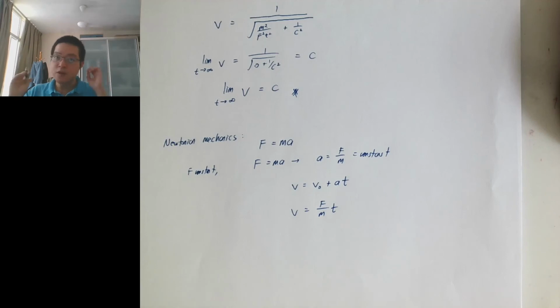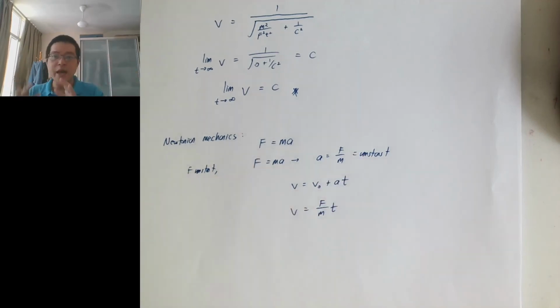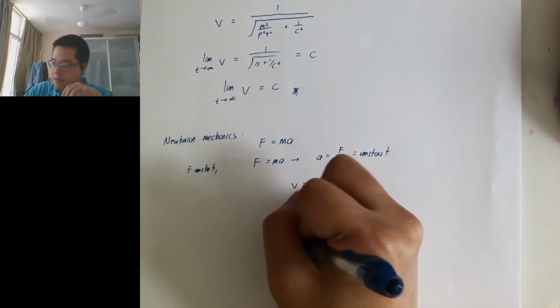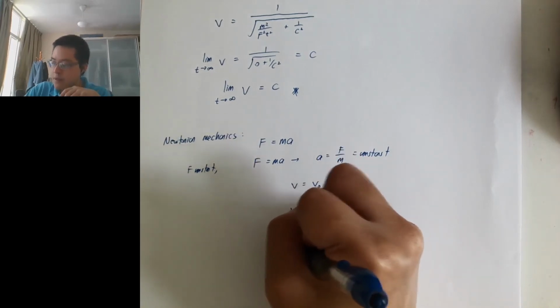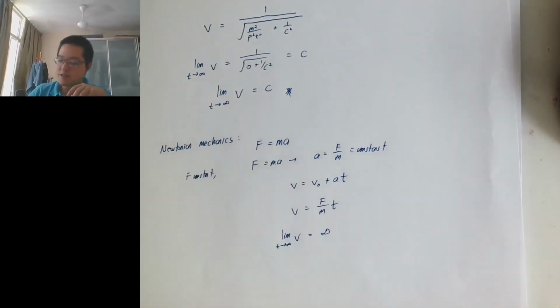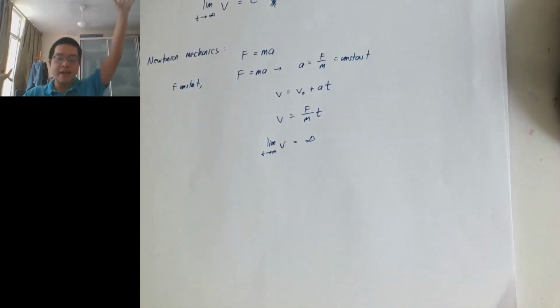But if Newtonian mechanics is true, right? If I have a constant force and I wait long enough, it's increasing linearly forever. So if I wait long enough under a constant force, you expect something to go beyond the speed of light. Okay? Because taking the limit of t to infinity, v is infinity. So it can go as fast as you want, faster than the speed of light and beyond.